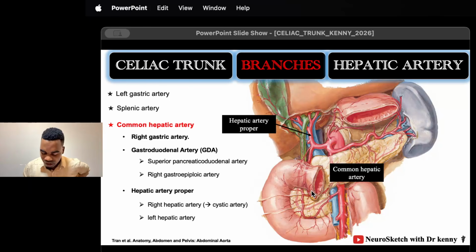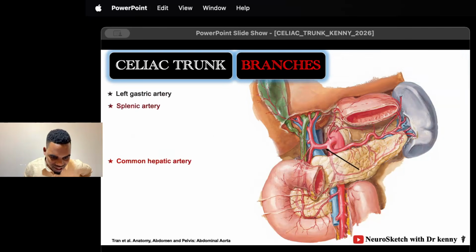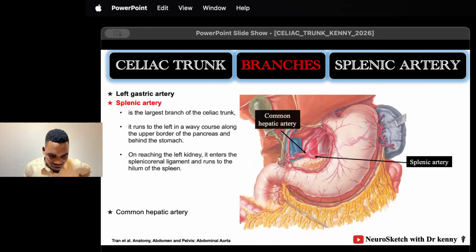And the gastric part of the gastroduodenal artery is supplying the greater curvature of the stomach. Let me show you. Let me take you back to this picture. Here. Okay? So guys, this is the gastric branch of the gastroduodenal artery.